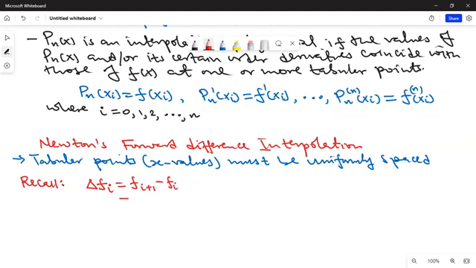And this was also written in terms of the shift operator as the shift operating on Fi minus identity operating on Fi, which you could also write as the shift minus identity. That's an operator operating on Fi.